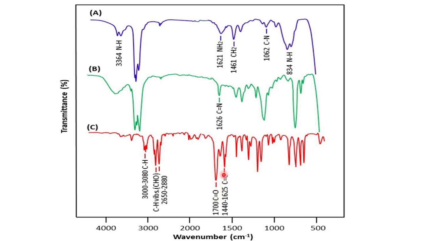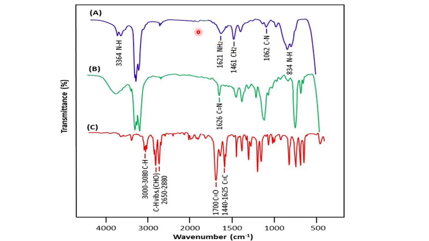This is C double bond C, which comes around 1620 centimeter inverse, and the sp3 or sp2 hybridized CH comes at 3000 centimeter inverse.